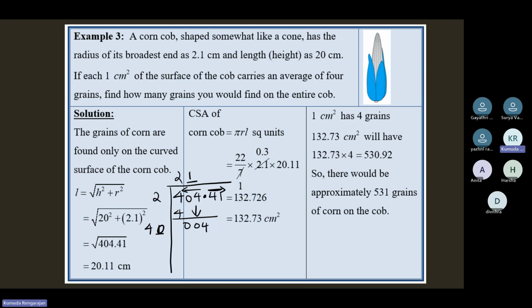So 40, 40 into 0 is 0. The remainder is 4. Place the decimal point. The next pair comes down. Double the quotient, 20 into 2, 40. Whatever you add here, you should add the same thing here. So it's 1, 1. 401 into 1 is 401. And the remainder is 40.